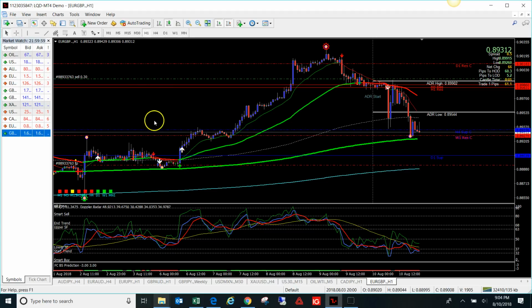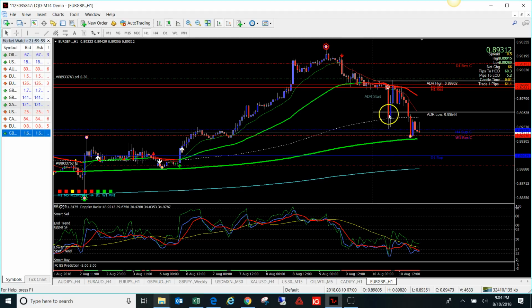So now that we've covered the indicators, there's a couple more. There's just two more that I want to mention before I move on to the entry signals. So I won't go into details about the ADR high and low, but this is a helpful indicator. The way that it works, it's the average daily range.